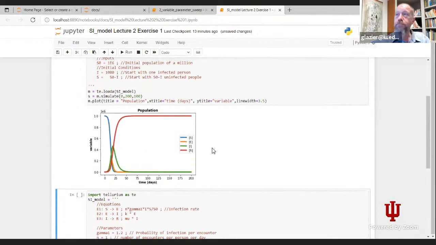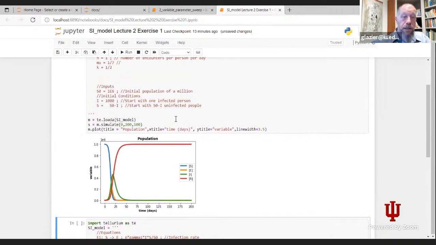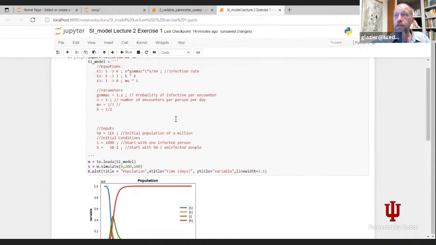All right. And why don't you try overlaying on that the value for k equals 1 over 28. So why don't you try that?